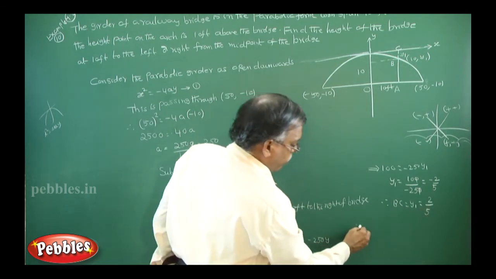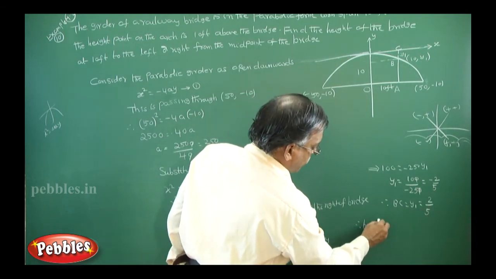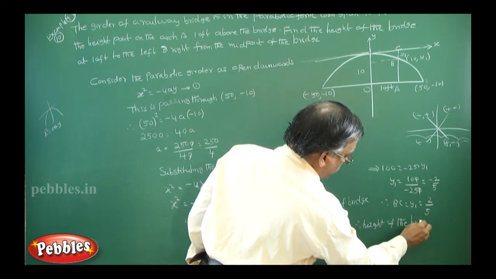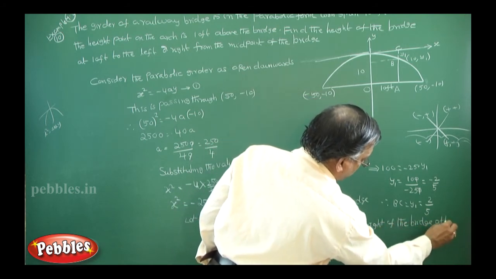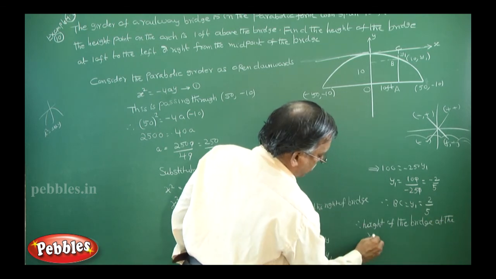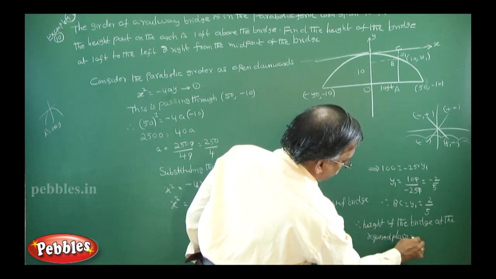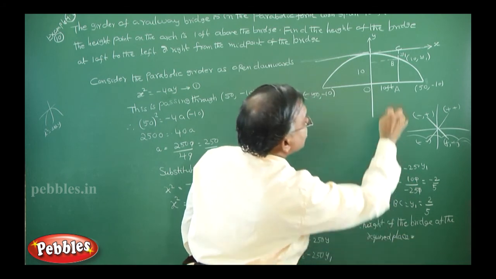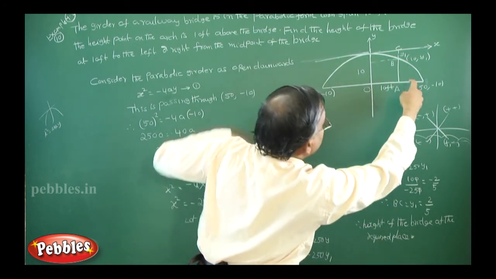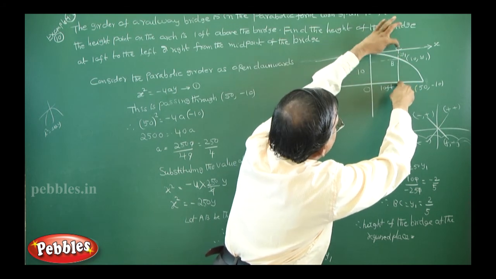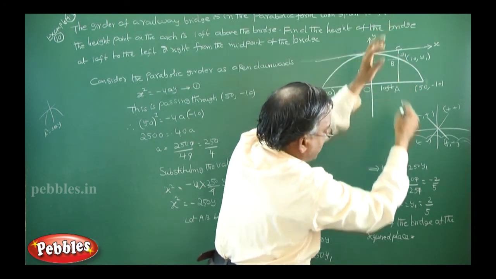So therefore the height of the bridge at the required place is equal to, what is the height? AC. See, here I need this height AB. So what can I do? AC minus BC I can do.